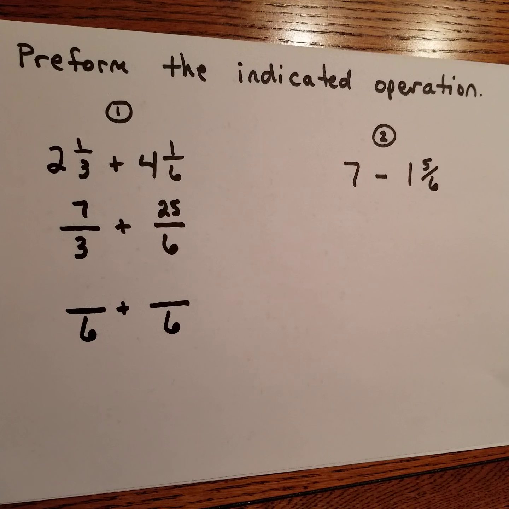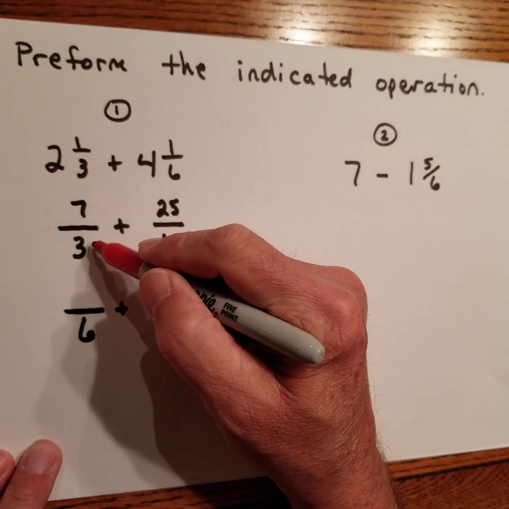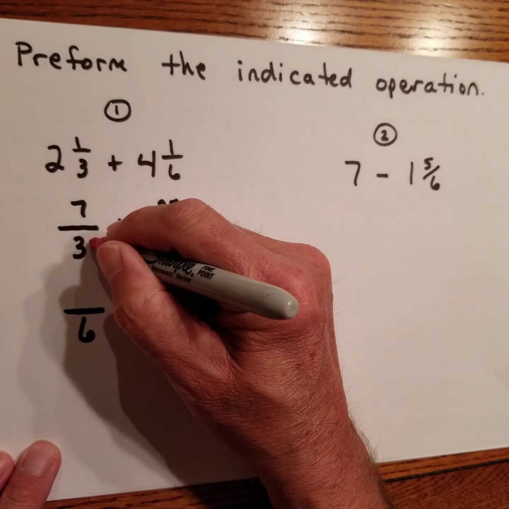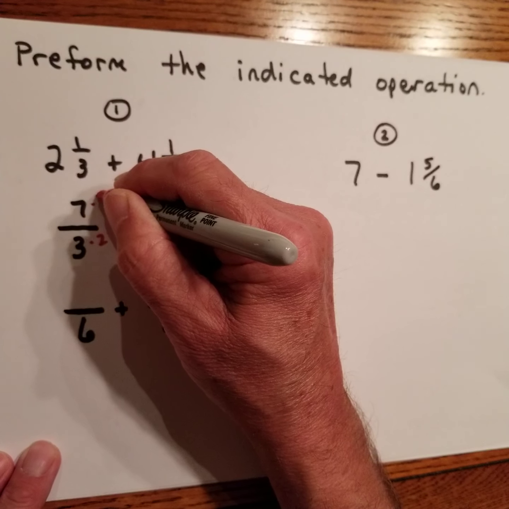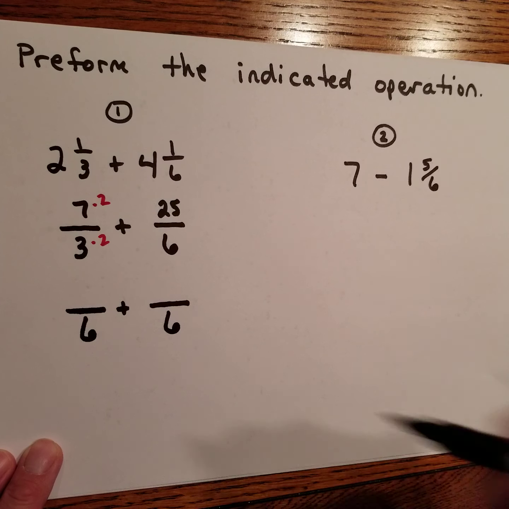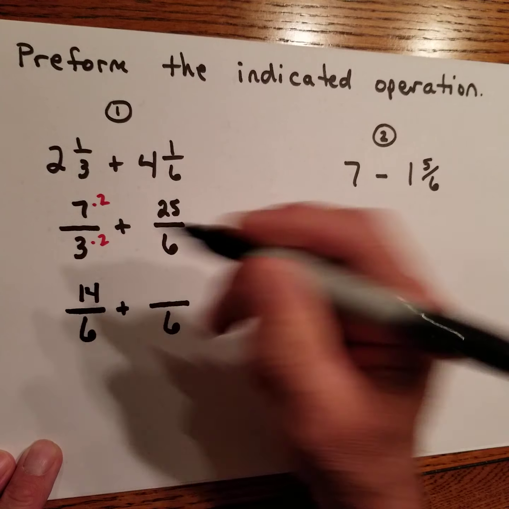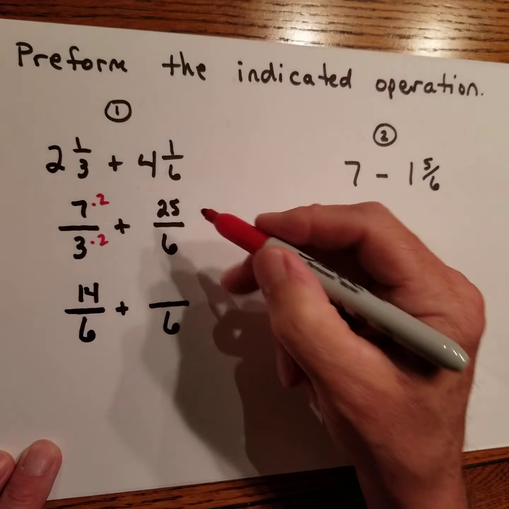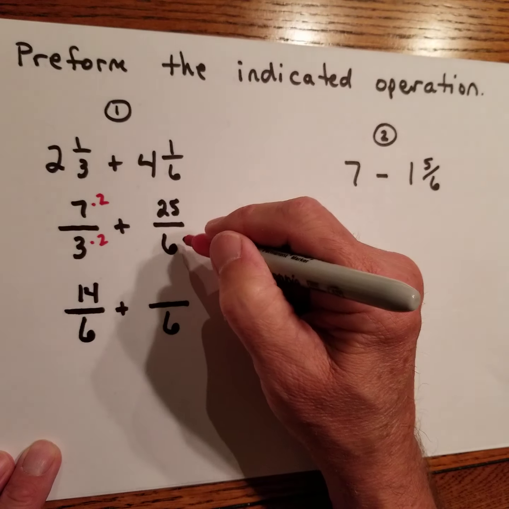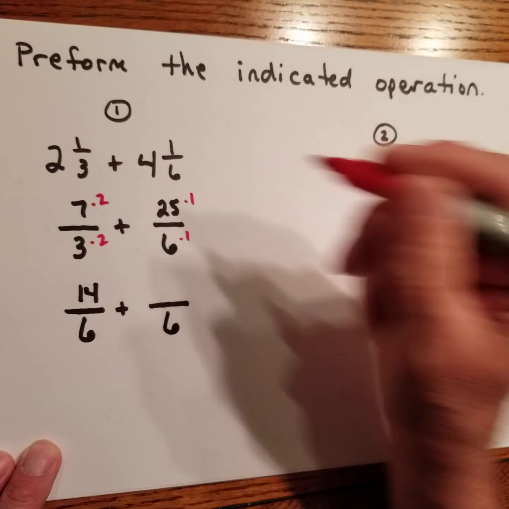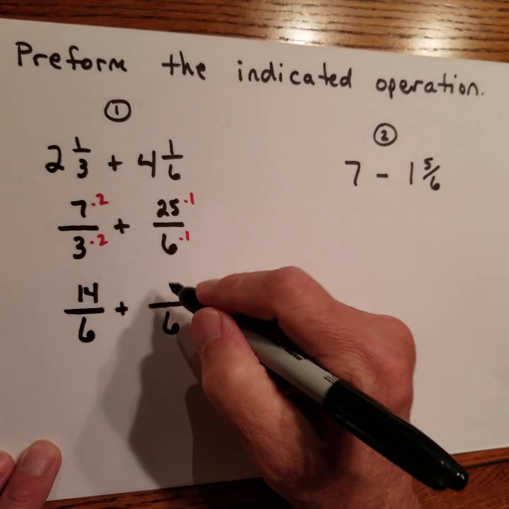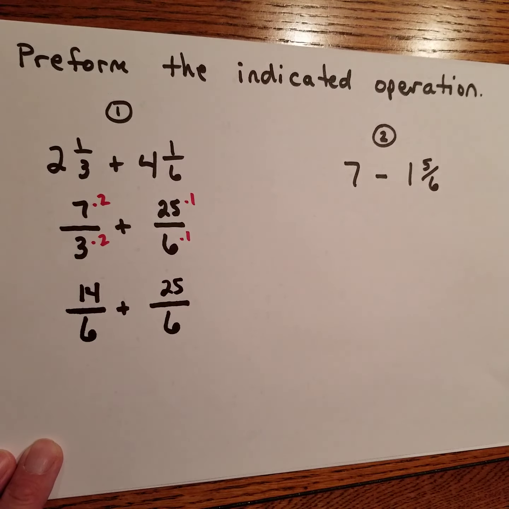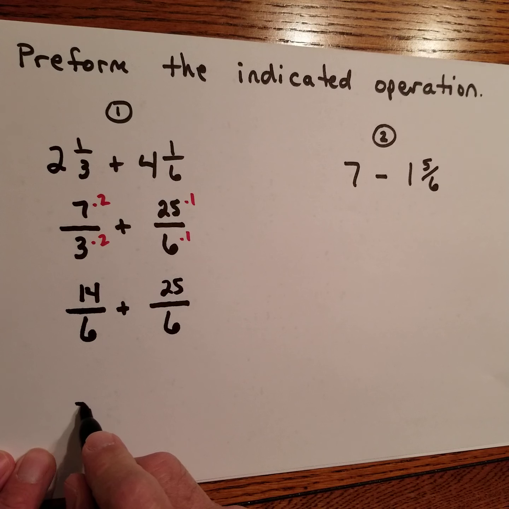Now get your numerators. What do you multiply times 3 to get 6? It's 2. Multiply the numerator by 2. What do you multiply times 6 to get itself? It's 1. Multiply the numerator by 1. Now keep the common denominator.